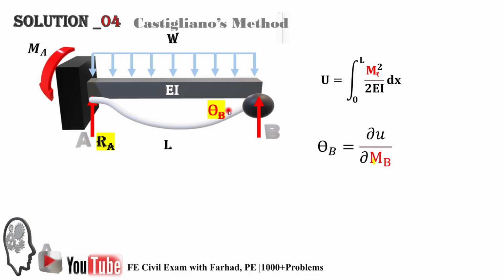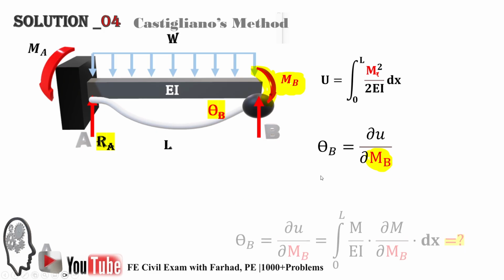If you want to calculate theta, we need to create a virtual moment at that location, and then the angle theta sub B is partial U over partial M_B. So this is our M_B, the virtual moment. We create that to calculate the angle at B, and by taking partial U over partial M_B, we can calculate that angle.